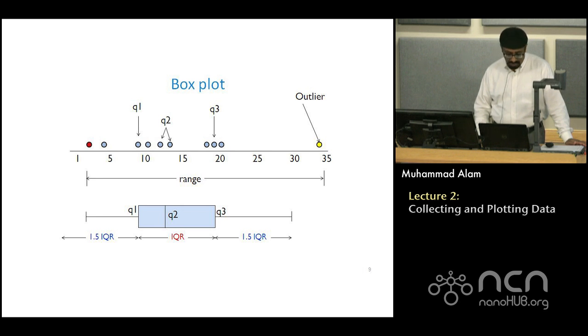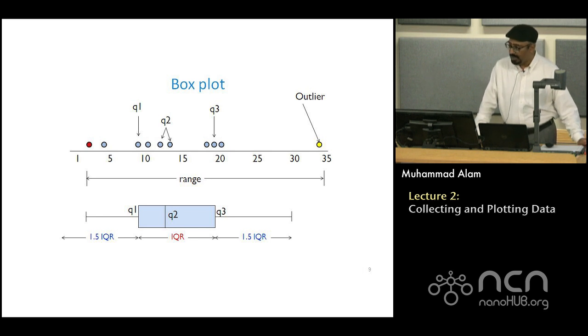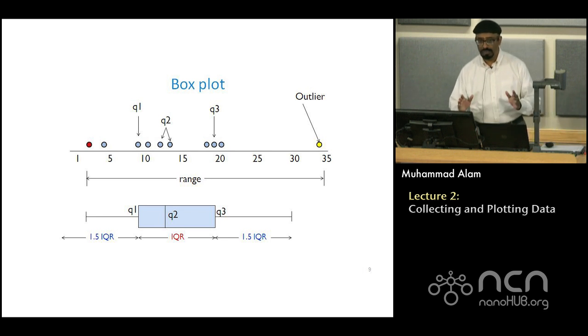Similarly, on the bottom side, subtract 1.5 IQR from Q1. Once you do that, look at all the points that are within the range. If they are within the range, keep all those data points. Those are good points.